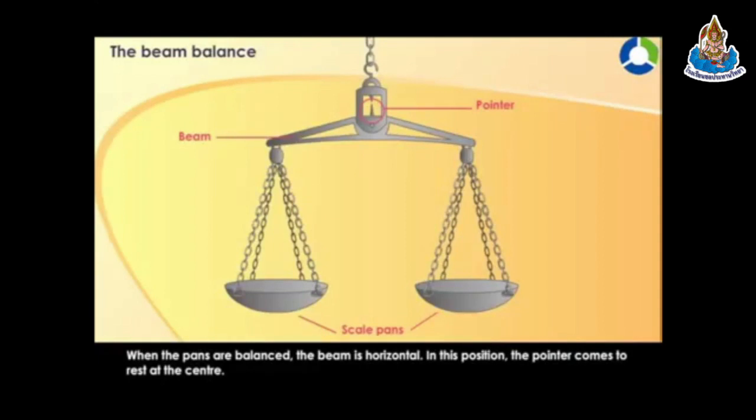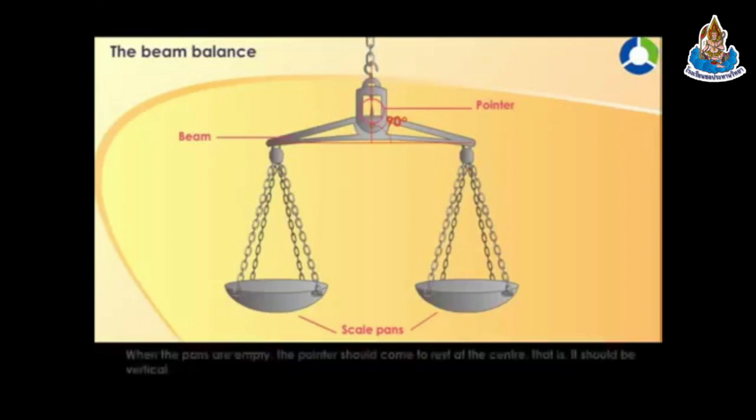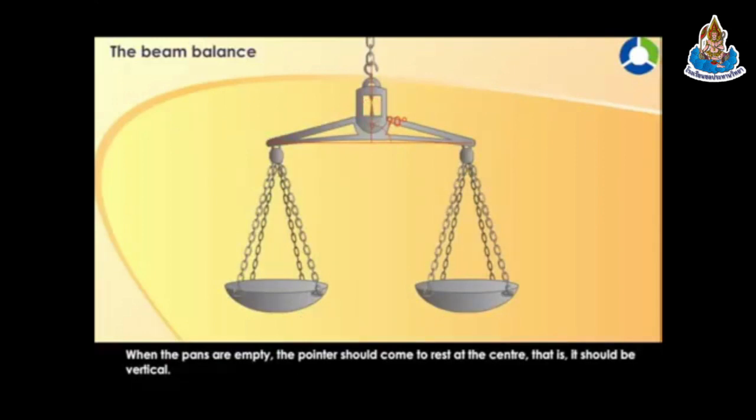A pointer is attached to the center of the beam. When the pans are balanced, the beam is horizontal in this position. The pointer comes to rest at the center. When the pans are empty, the pointer should come to rest at the center. That is, it should be vertical.